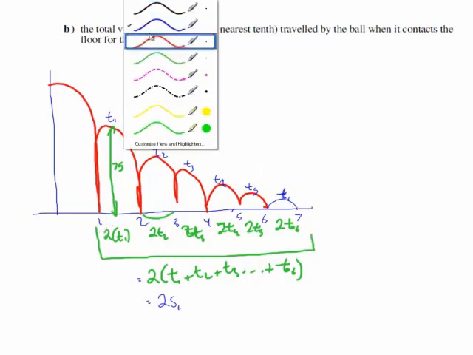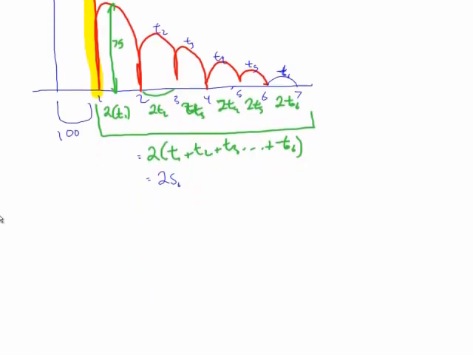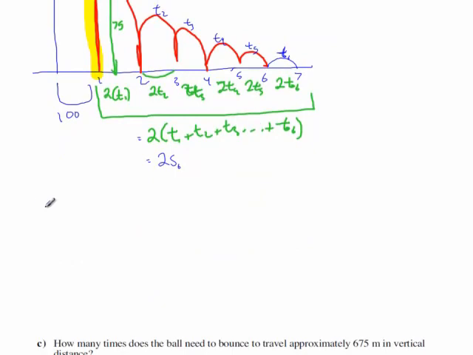Then don't forget your very first. This distance here, being dropped from 100 meters to the ground, travels a distance of 100 meters. So this part there is 100 meters. So your total distance, I could label that as D total, equals 100 plus 2 times the sum from 1 to 6.